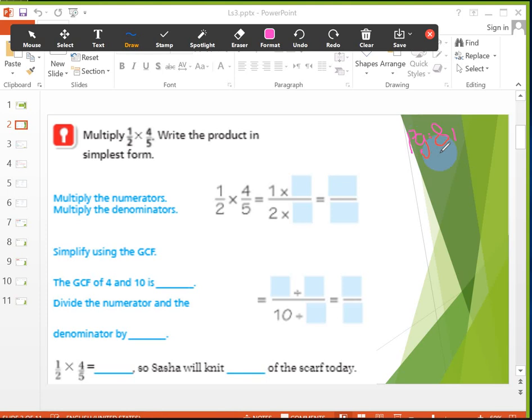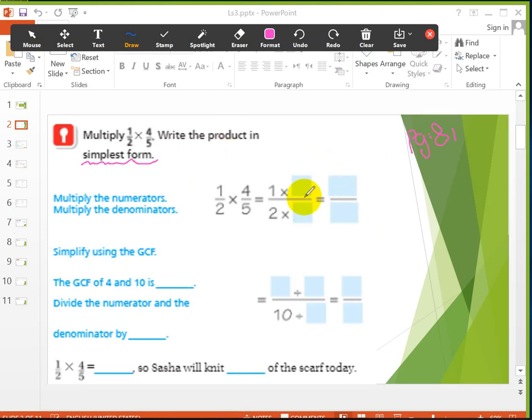1 over 2 with 4 over 5. How will I find the product in simplest form? Very important. When I want to multiply two fractions, the answer will also be a fraction.